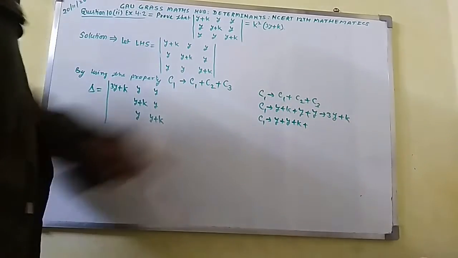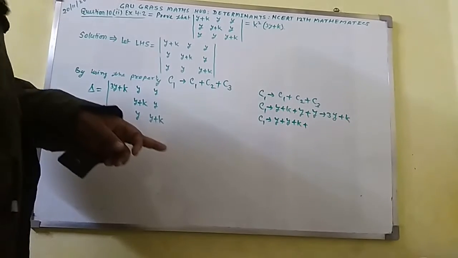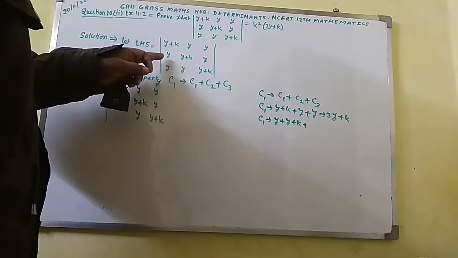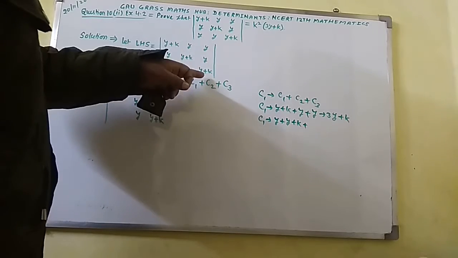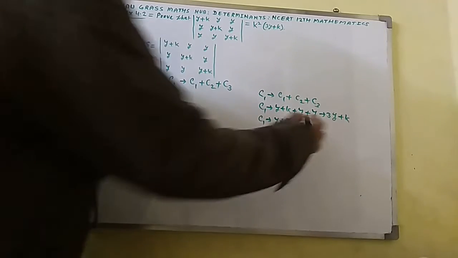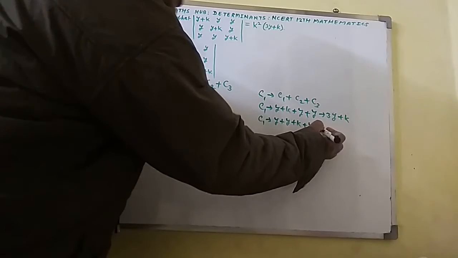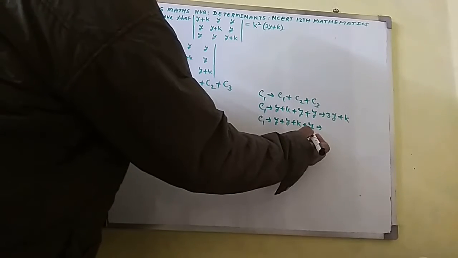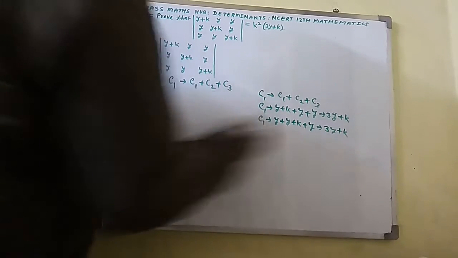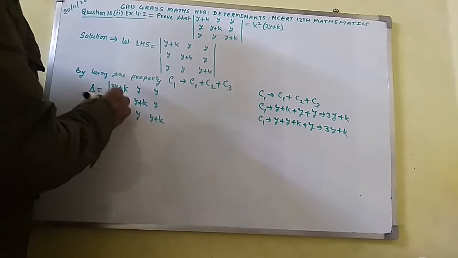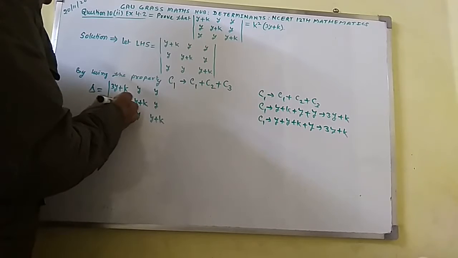Plus for C3 I shall refer third column. The corresponding element of y in the third column will be y here. So write here y. This comes out to be 3y plus k. This element I shall write here, 3y plus k.